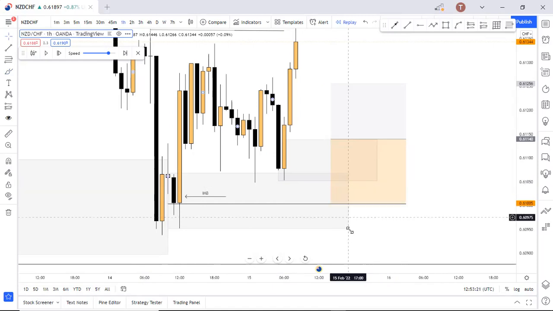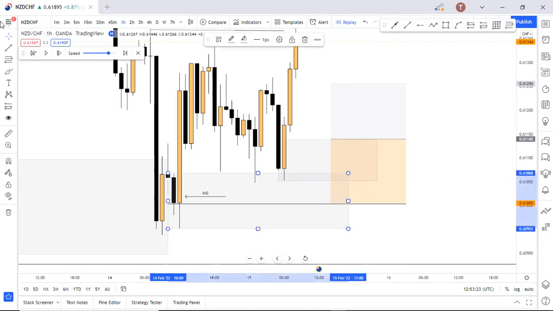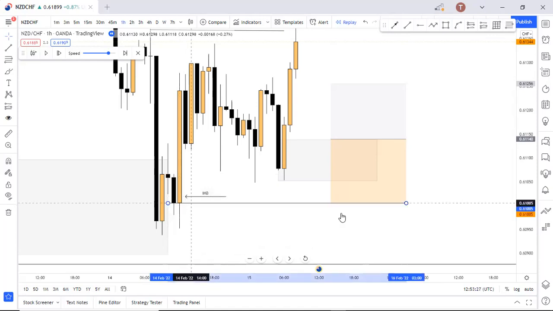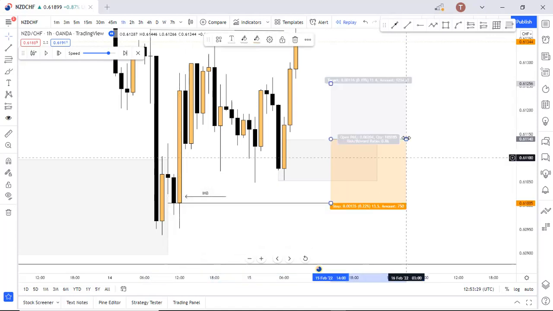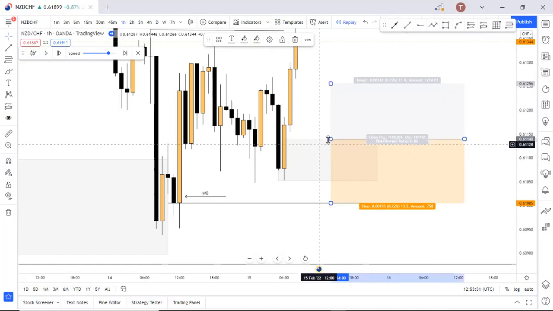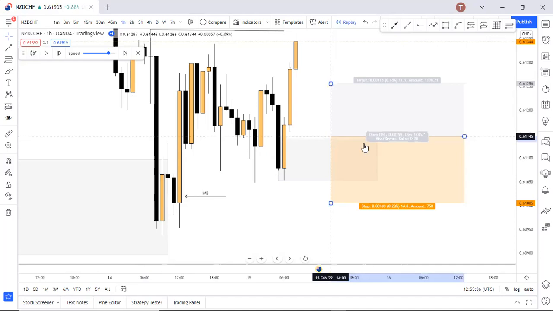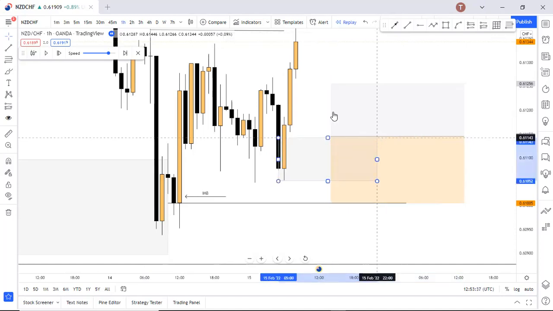So now I had my stop loss at this body close right here, leaving me with a stop loss of like 13 pips. I think I had 14 pips. I think my entry was a little bit above. I think I had 14 pips as my stop loss.